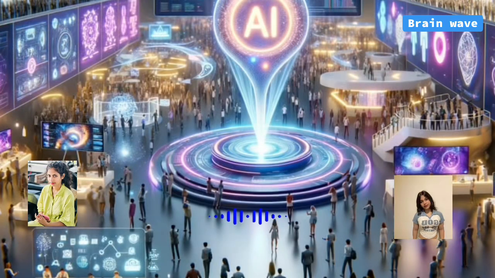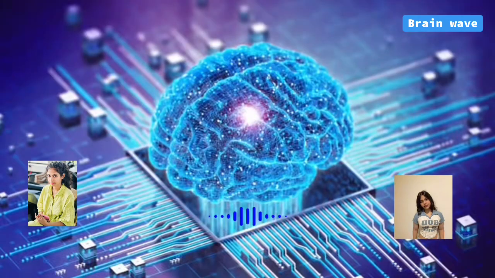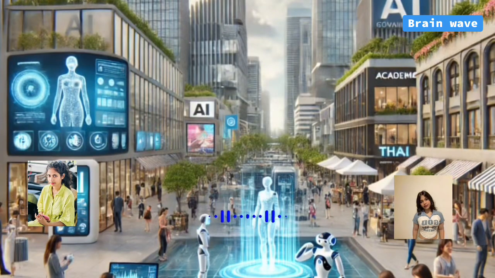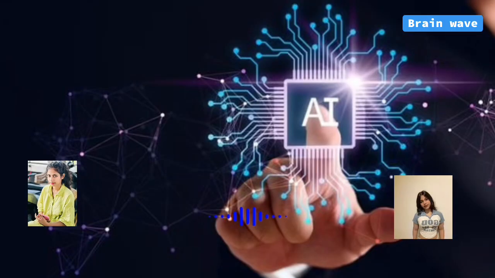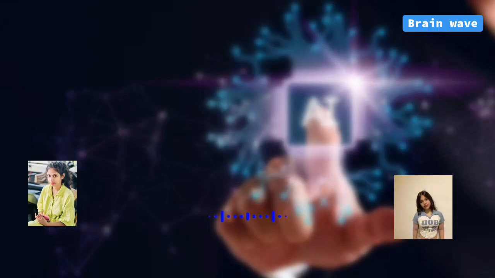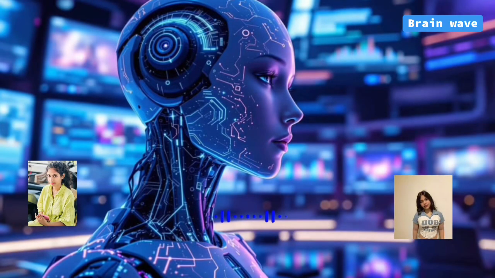Or picture this. You describe a fantasy character: purple hair, robot wings, a forest background, and AI paints it perfectly in seconds. That's creation made fast. And the way it does this is by learning patterns. Think of it like a super advanced student.